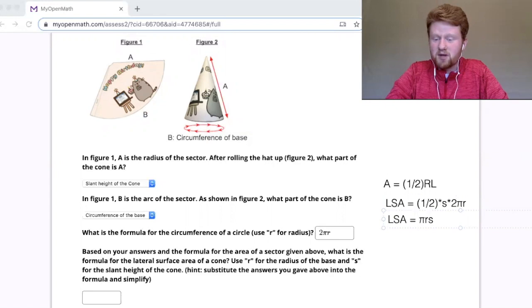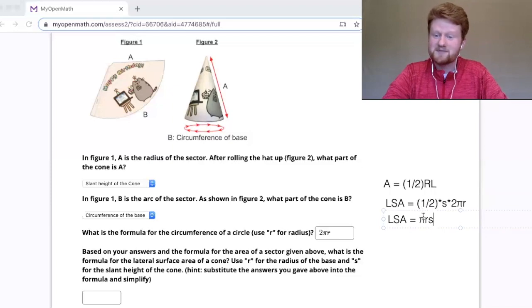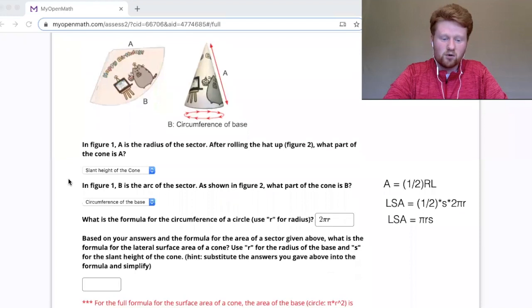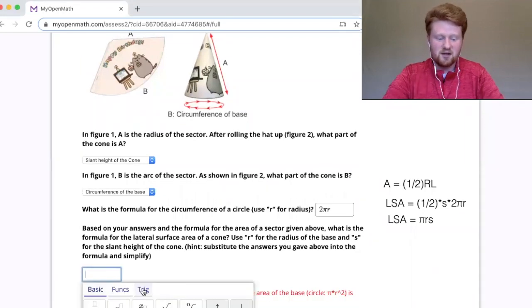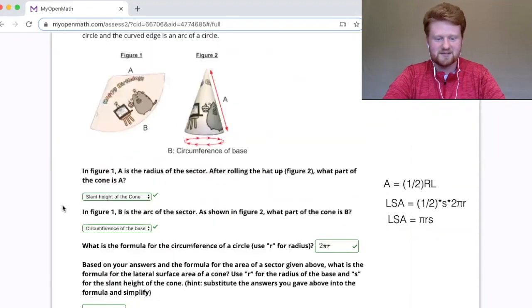Sometimes the slant height will be called S. Sometimes you'll see it as L. That's a pretty common one. Or they'll just write slant height. But it's pi times the radius of the base times your slant height. And that's what we're looking for down here in this box, pi rs. So if we submit, it should all be green, and it is.